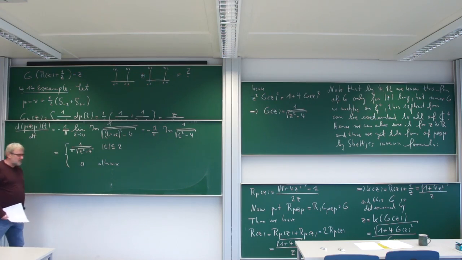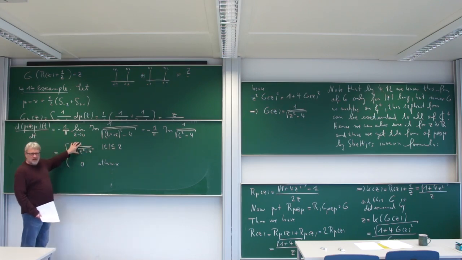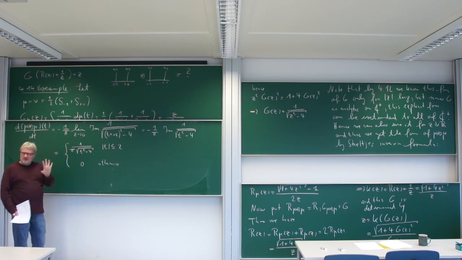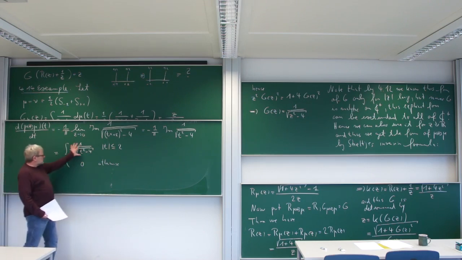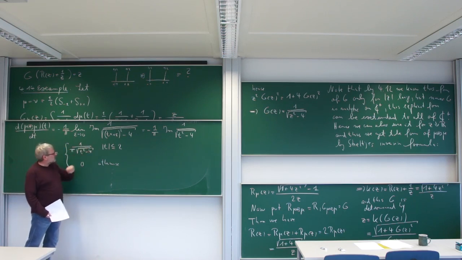We started from something which had 2 atoms, no density. We take the free convolution of this with itself, and then what we get is something which has density and no atoms. You really can calculate that this is a probability measure. So you see 1 over pi is exactly what we need. This is really a density of a probability measure. If you integrate this from minus 2 to plus 2, you get 1.